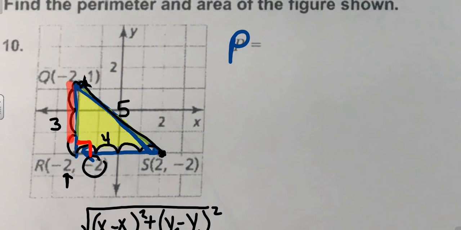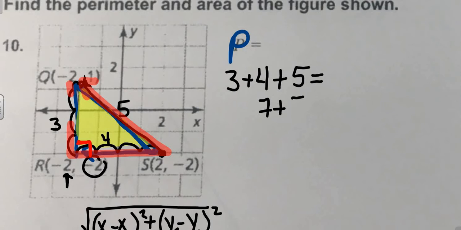You walk it around. That's going to be 3 plus 4 plus 5. Our perimeter is 12 units.